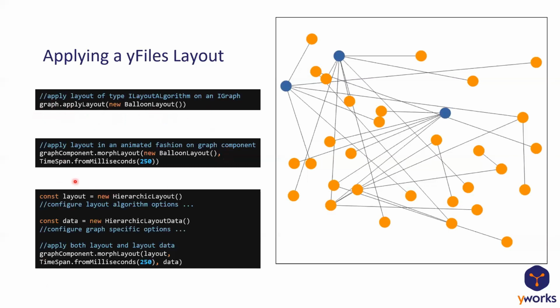The second and probably most common way is to apply the layout on a graph component, which is the component that you show in your user interface, which holds the graph itself. And on the graph component, there is the convenience method called morphLayout, where you provide a layout algorithm and you provide a time that indicates the duration of the morphing animation.